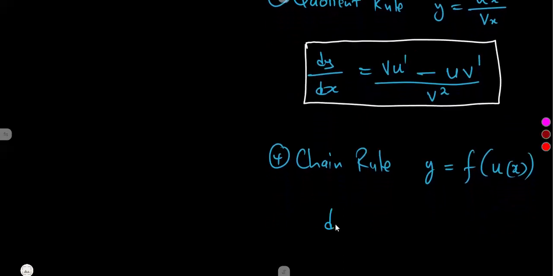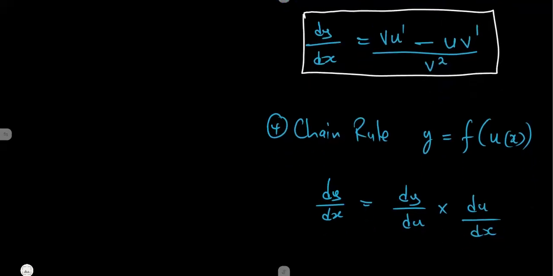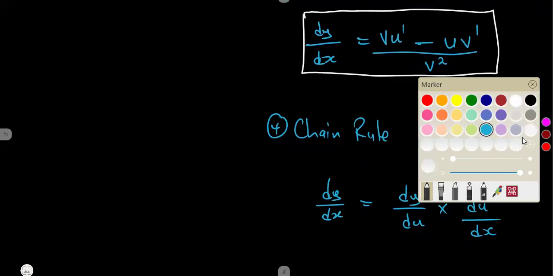Whenever you can express one function in terms of another function, it follows that the derivative of y with respect to x, we can use the formula dy/du times du/dx. This is supposed to be the same du. So it's du/dx.